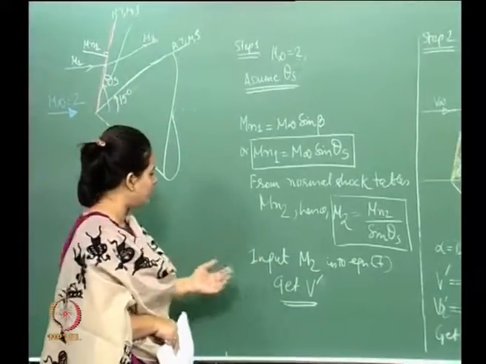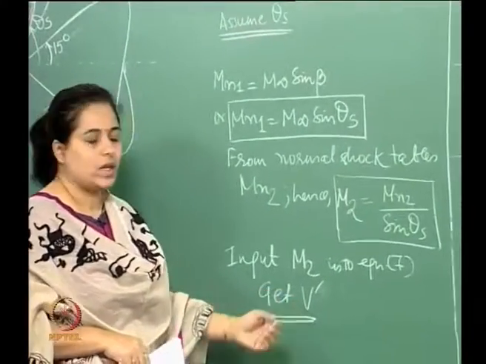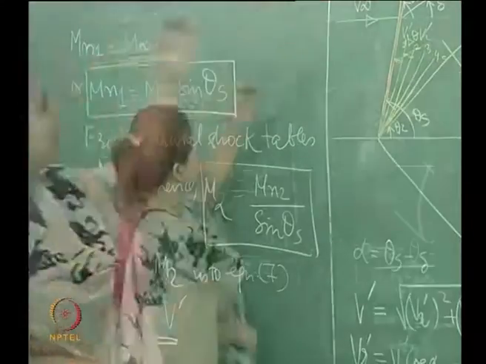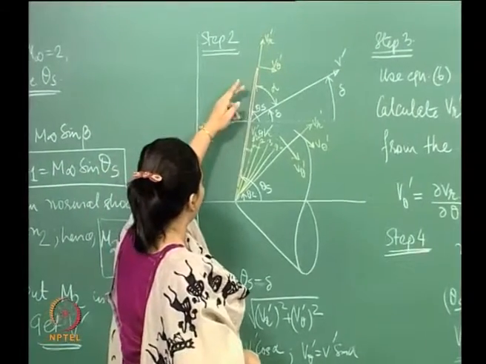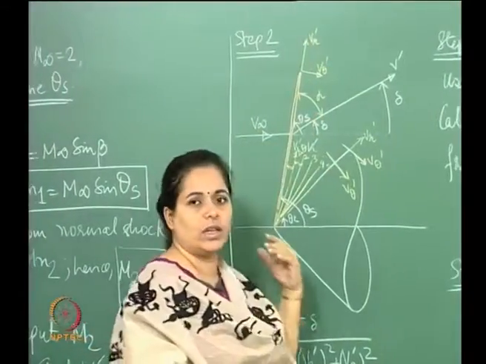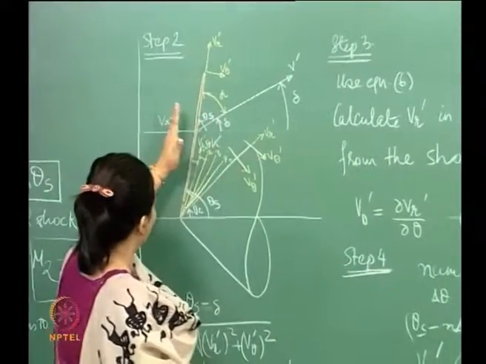Correspondingly, we put M2 into the equation and we get this V dash. Once we get V dash, we come here and calculate V r dash and V theta dash using the Taylor-Maccoll equation and this, and we march away here.